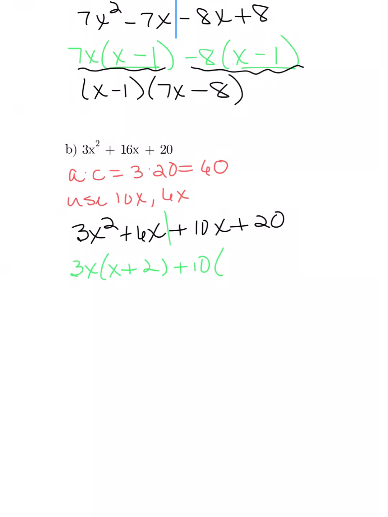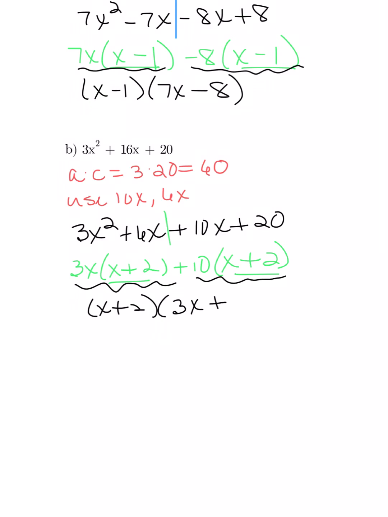We're going to take that out. 10x divided by 10 leaves me with x. 20 divided by 10 leaves me with 2. Did we get matching quantities? Yes. So now, take out the matching quantity, and what's left from the first term is 3x. What's left from the second term is plus 10.